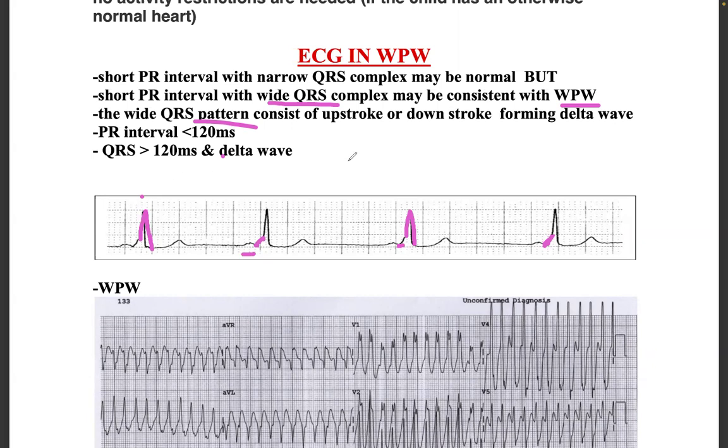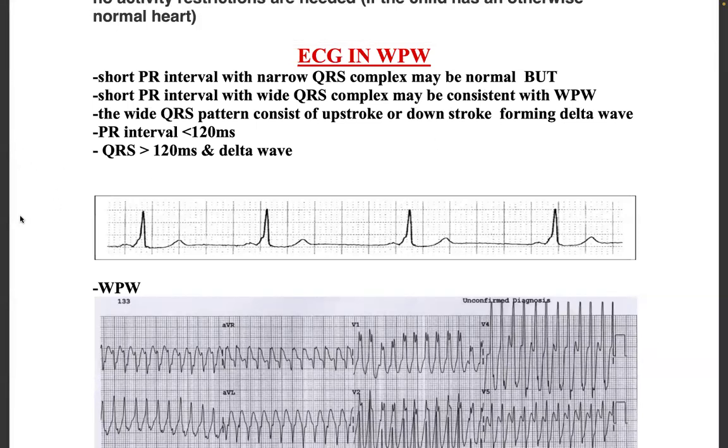QRS normally, what did we study? QRS normally is less than 0.12, right? But here it will be more than 120 milliseconds, and there will be a delta wave. This is one of the ways you diagnose WPW.